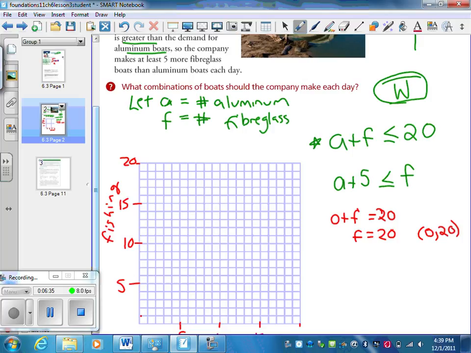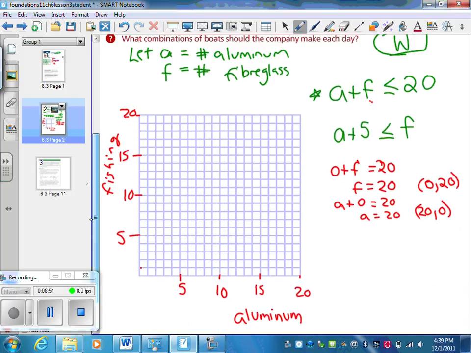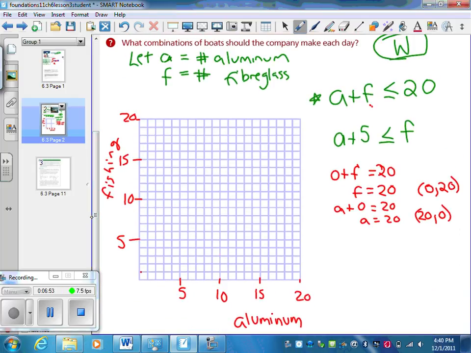Okay? Now I'm going to do the same thing, only let F be 0. A plus 0 is equal to 20. A equals 20. So my other point is 20 and 0. Remember we said that this is only whole numbers, it's discrete. So we're not going to draw a line, rather we're going to do a stipple, a green stipple.